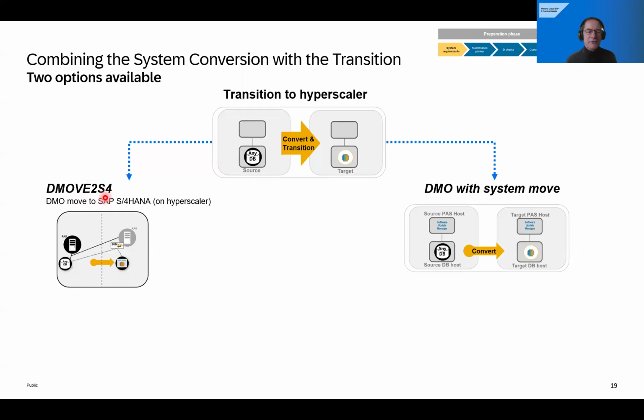And then to S4 is the statement that this approach can be used if we target SAP S/4HANA, in our case, SAP S/4HANA Cloud Private Edition. There's a long name for this, DMO move to SAP S/4HANA on hyperscaler, but I will use D-move to S4 for the new one.